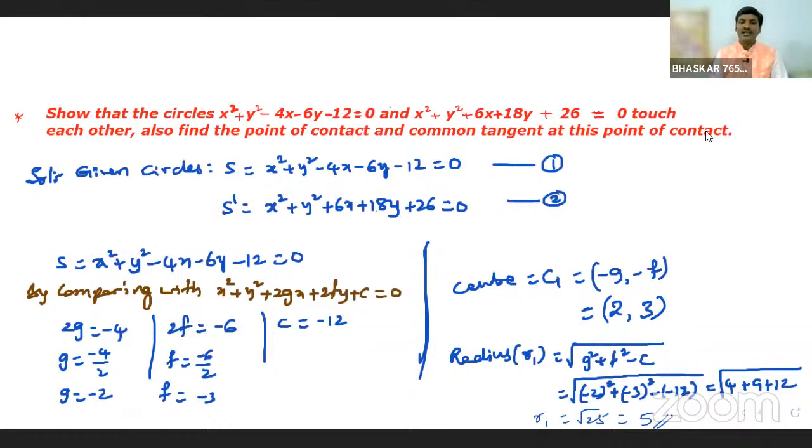Now we take the second circle. S dash is equal to x square plus y square plus 6x plus 18y plus 26 is equal to 0.